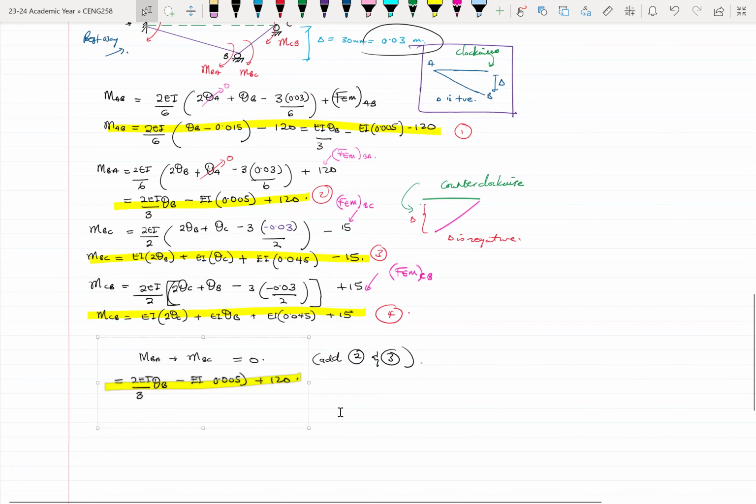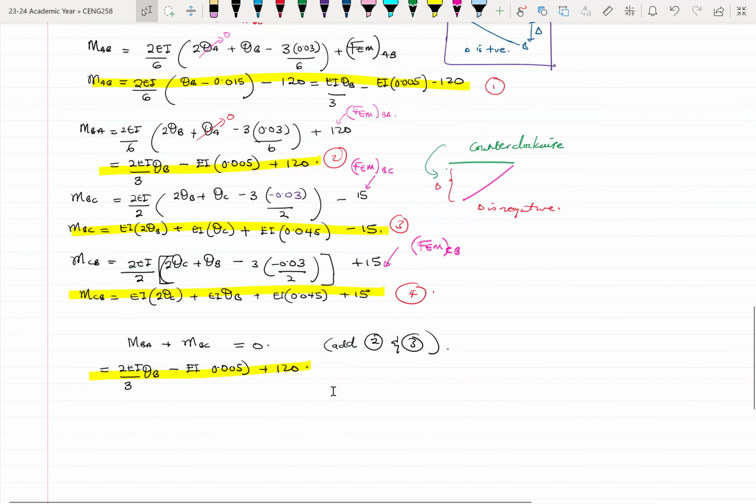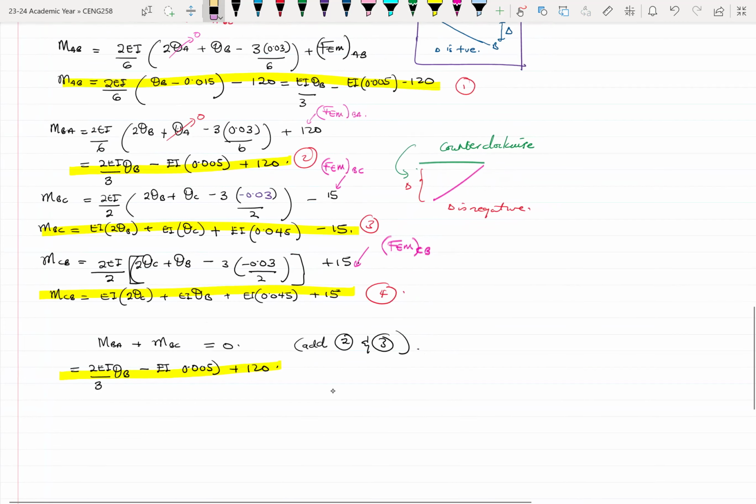So this part that I've just copied and pasted is supposed to be the MBA section.